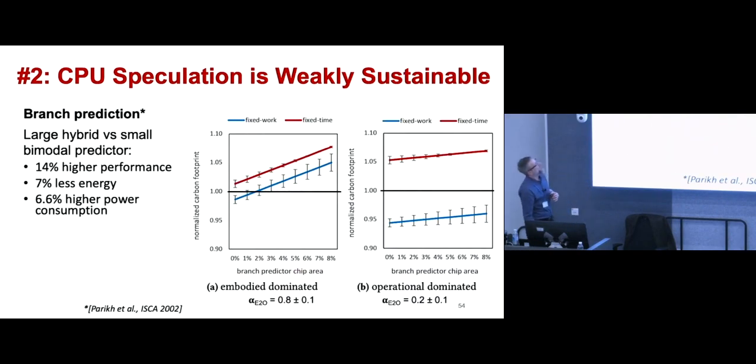An example of a weakly sustainable technique is speculation. Branch prediction is widely used and very heavily relied on in high-end processors. Branch predictors consume power. They also lead to higher power consumption because there's more activity in the core. But if the increase in power consumption is less than the improvement in performance, we end up with a net energy reduction.